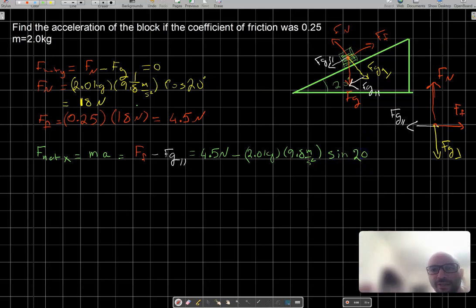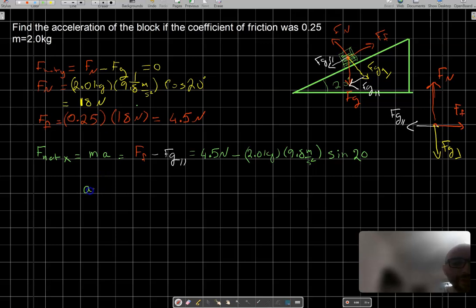Again, it's sine because we're looking here at the opposite side of this triangle. The opposite is the parallel; the opposite is the sine, of course. Okay, we put these numbers in the calculator and we will end up with mass times acceleration.